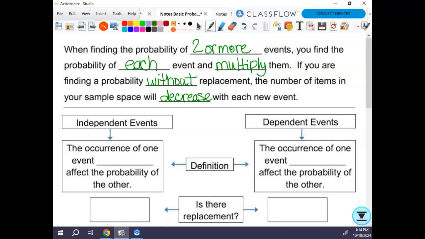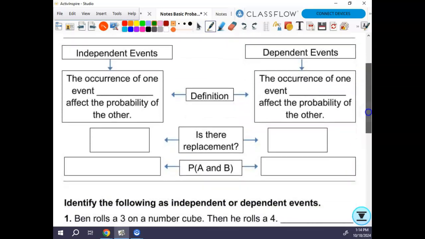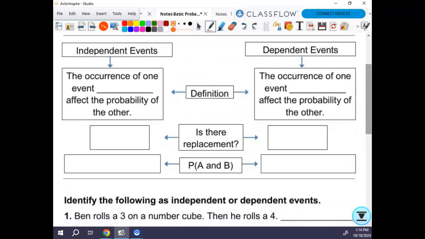Then we also have independent and dependent events. A dependent event would be: I draw a red M&M, I eat it, and then I draw another red M&M and eat it. What's the probability of doing that? Well, the second draw depends on what I drew the first time, right? It's going to change everything. An independent event would be like if I flip a coin and roll a die.